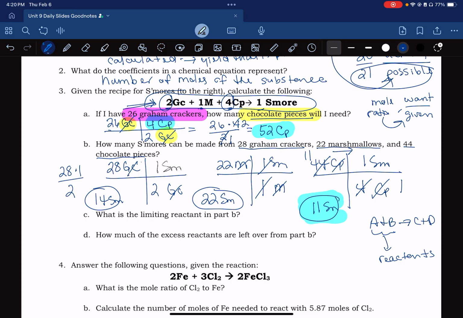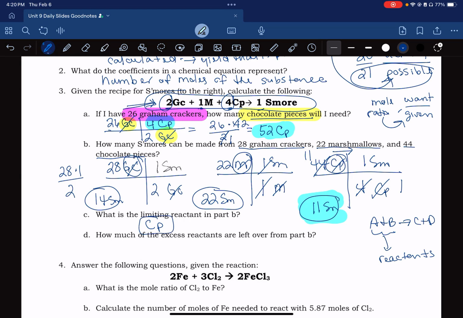So reactants here are graham crackers, marshmallows, and chocolate pieces. So if the chocolate piece, the marshmallow, and the graham crackers are reactants, then the one that yielded the smallest amount is going to be the limiting one. So in this case, the chocolate pieces are the limiting reactant.